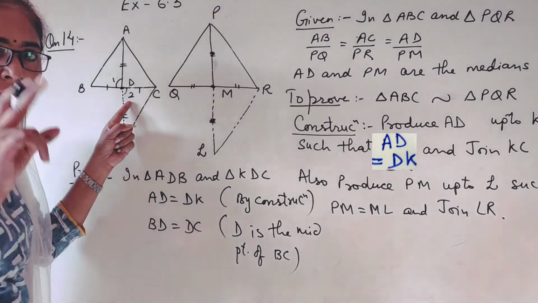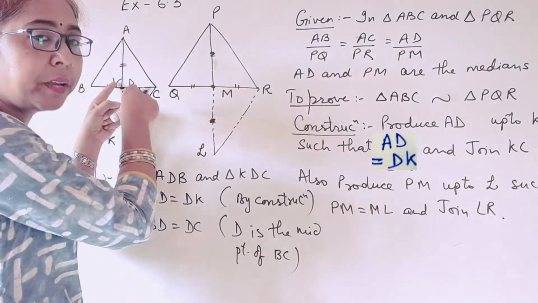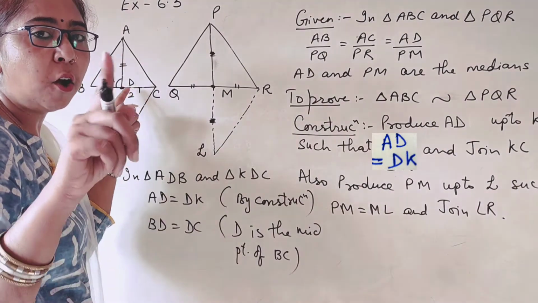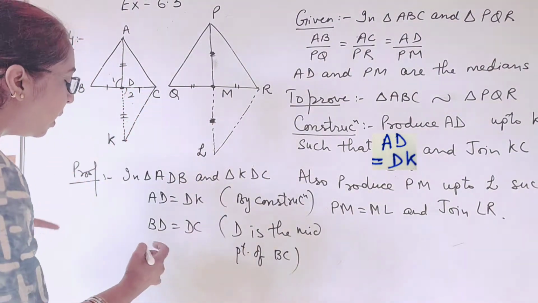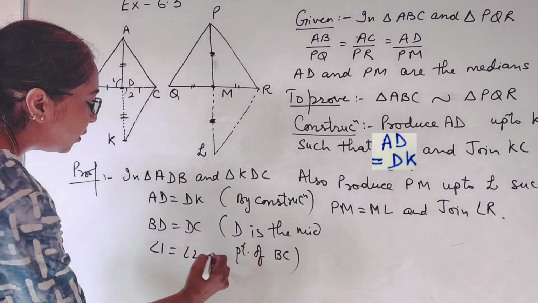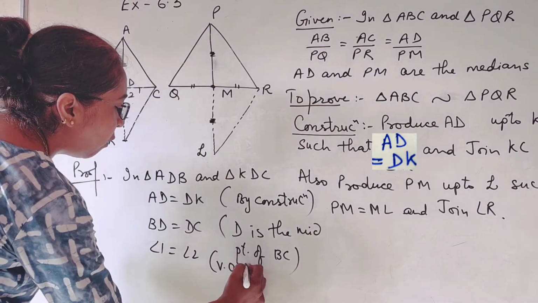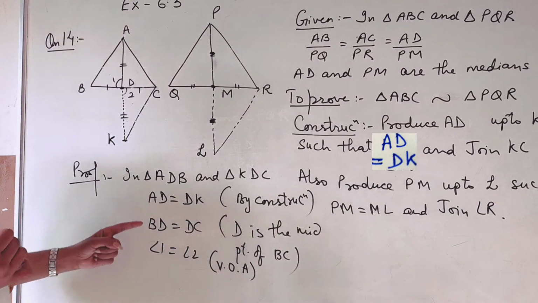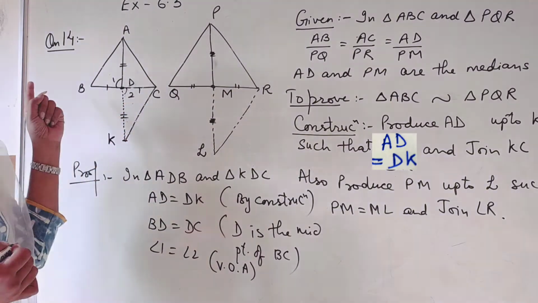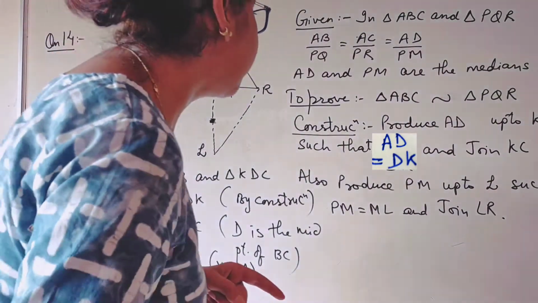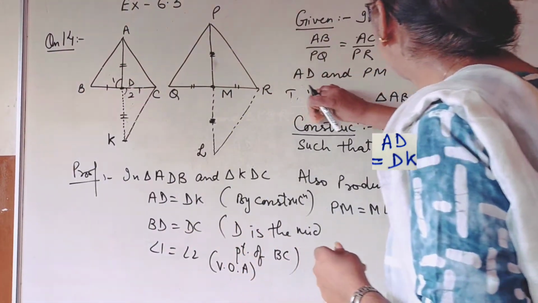So angle 1 is equal to angle 2, and I hope you know this. Why are 1 and 2 equal? Because of vertically opposite angles. Vertically opposite angles are always equal. That's why angle 1 equal to angle 2, and the reason is vertically opposite angles. So if three things are here which make our triangles congruent, so the two triangles are congruent now.